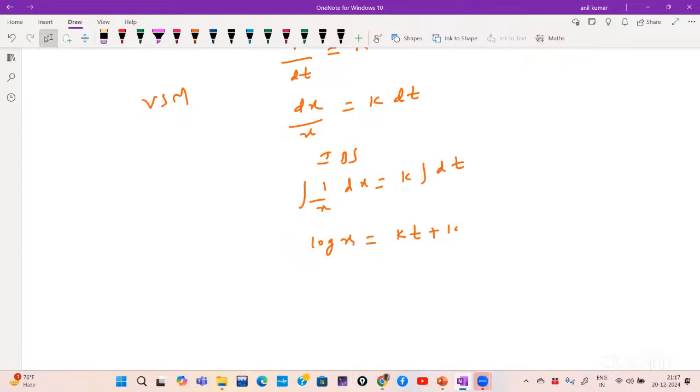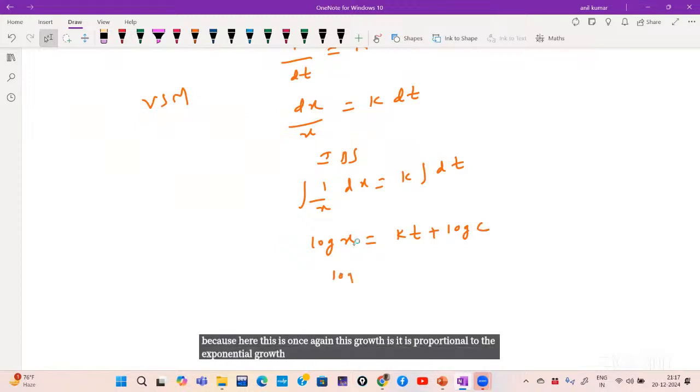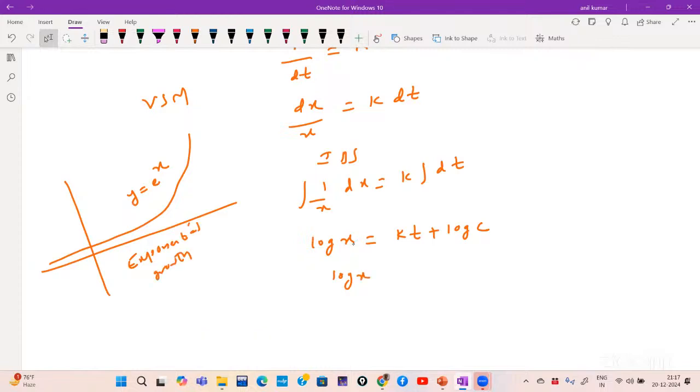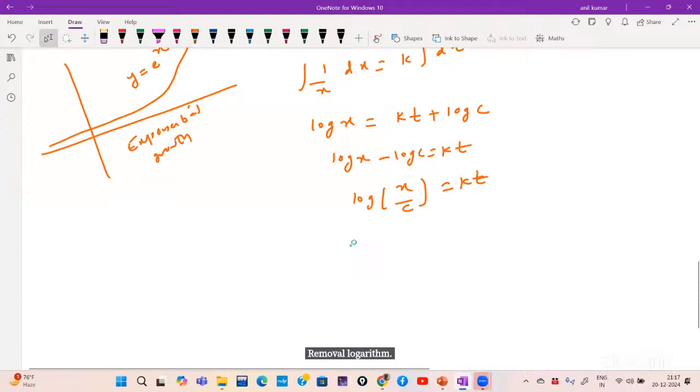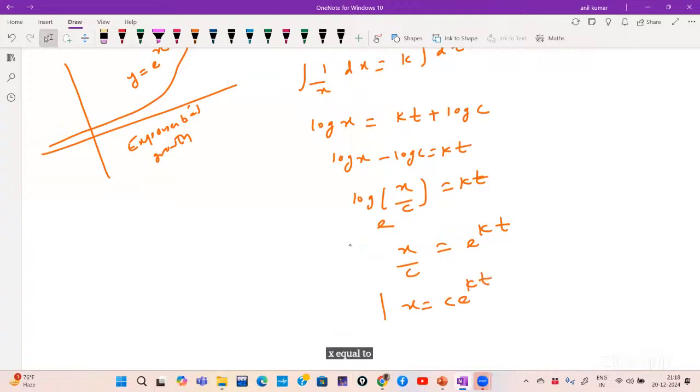Instead of c, I am taking log c, because this growth is proportional to the exponential growth. Okay, log x minus log c equal to kt. Log x by c equal to kt. Remove the logarithm. x by c equal to e power kt. x equal to c into e power kt.